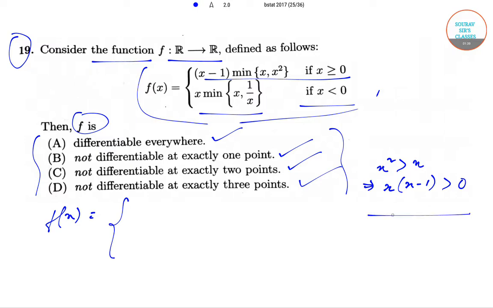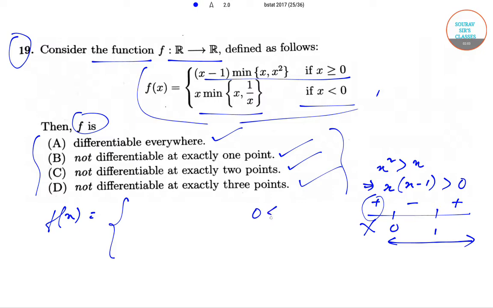If we put it on the number line, 0 and 1, this will come down to plus, minus, plus. We know that x is greater than or equal to 0, so this portion will be neglected. We will only consider the other part.